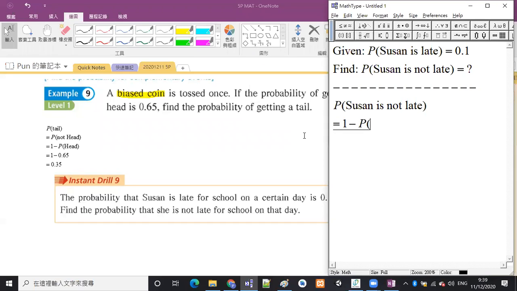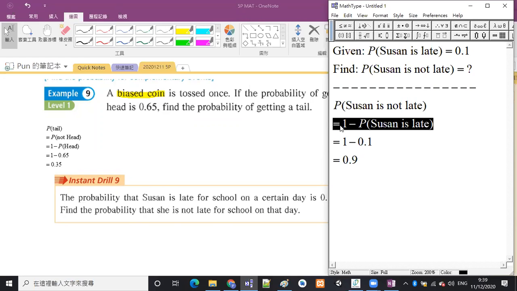the probability of Susan is late. Okay, so that is 1 minus 0.1. That is 0.9. 你可以唔使寫呢一句嘅。Okay, so you can just skip this sentence. Just do the numerical calculation in your solution will be okay. You understand?